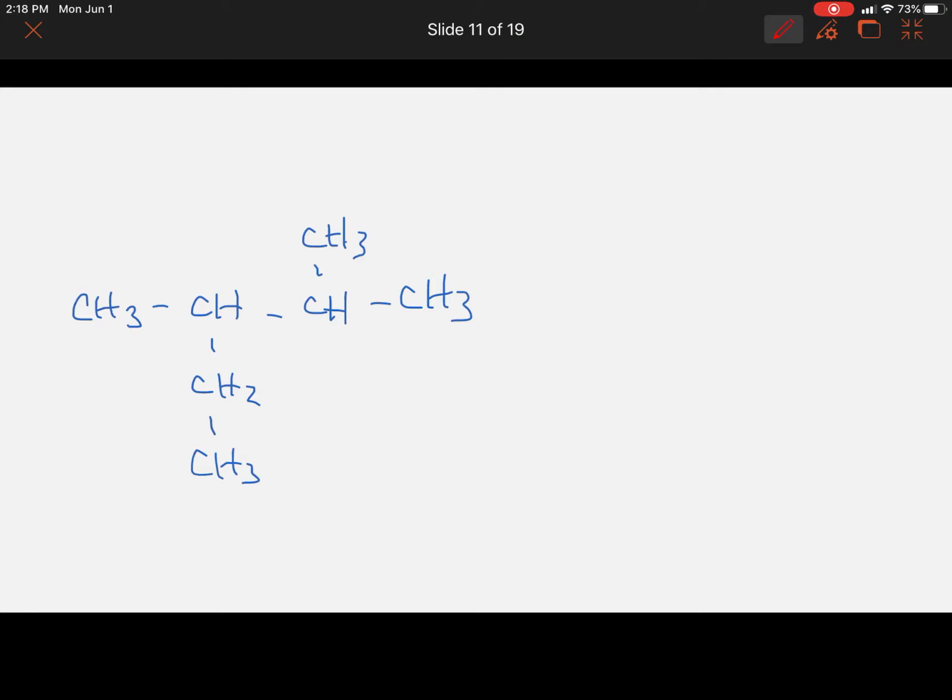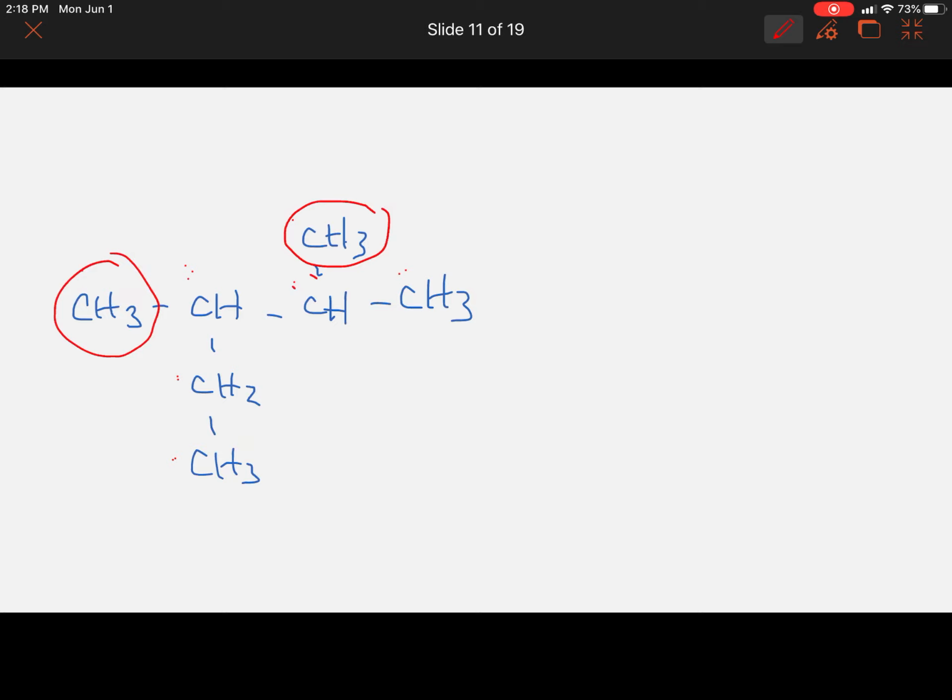Again, first step, find the longest continuous chain. So try and do that. You've got to try all the different options. You go 1, 2, 3, 4. That's not gonna be it. 1, 2, 3, 4, 5, or 1, 2, 3, 4, 5. Either one of those works. So 5 is our longest, our parent chain.